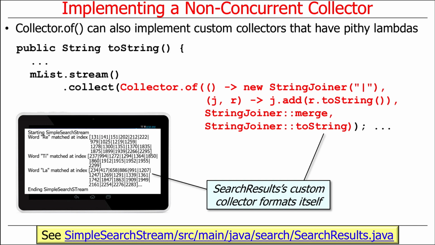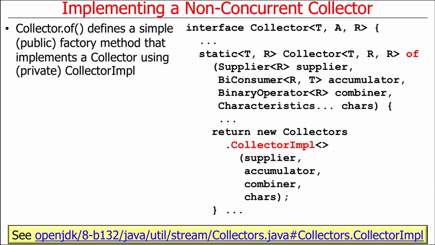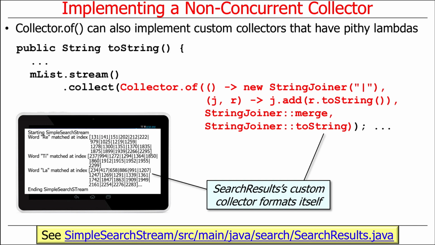And over here we use Collector.of, which is this factory method, and we give it several lambda expressions and method references. So we make a new StringJoiner. This is the factory method that's going to be used as the supplier. StringJoiner is just a helper class that you can give what you want to put between two strings. So when the strings are concatenated together, it'll put the separator there. And so we just tell it to use the vertical bar separator. Here's the accumulator.